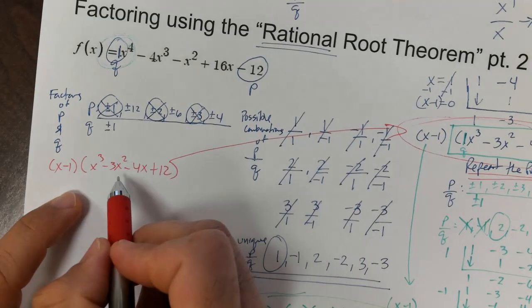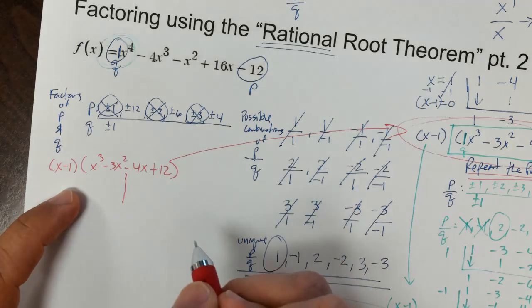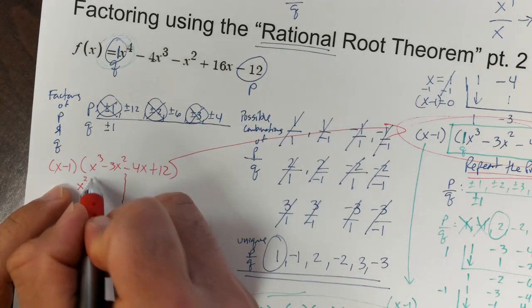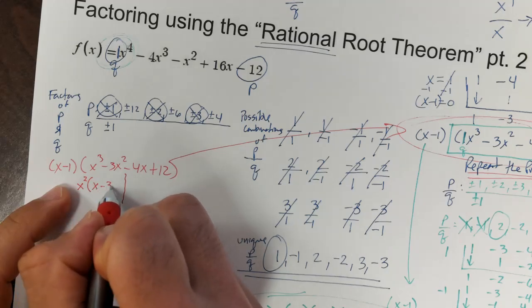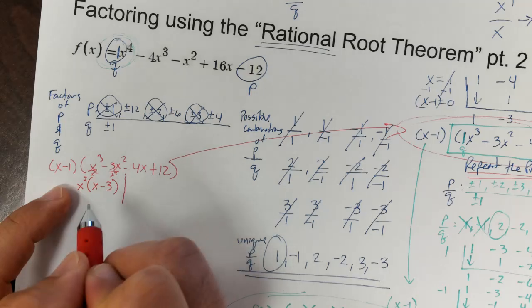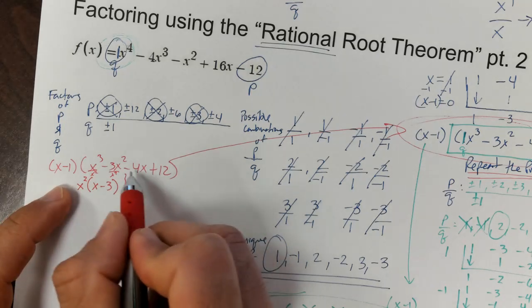But notice how this cubic can also be done through grouping. If I factor out an x squared from both of these terms, I'm left with x minus 3, right? If you divide that by x squared and that by x squared, you're going to be left with x squared times x minus 3. What do these two share in common?